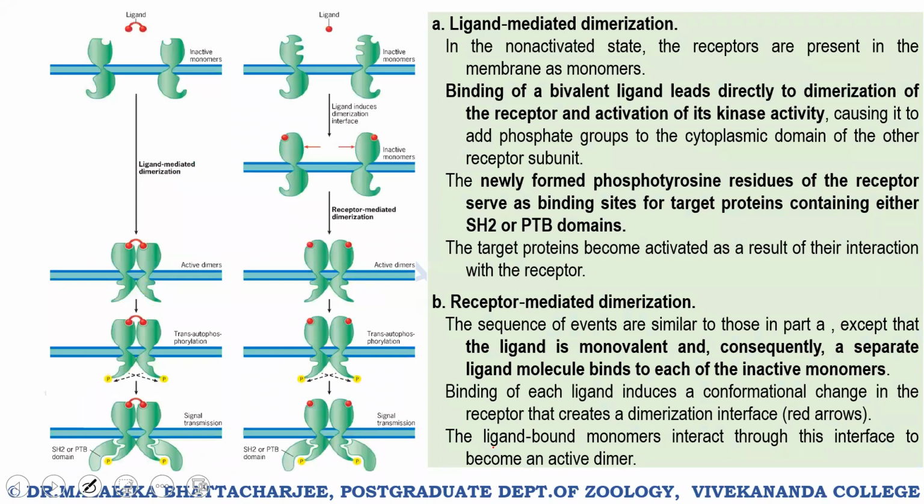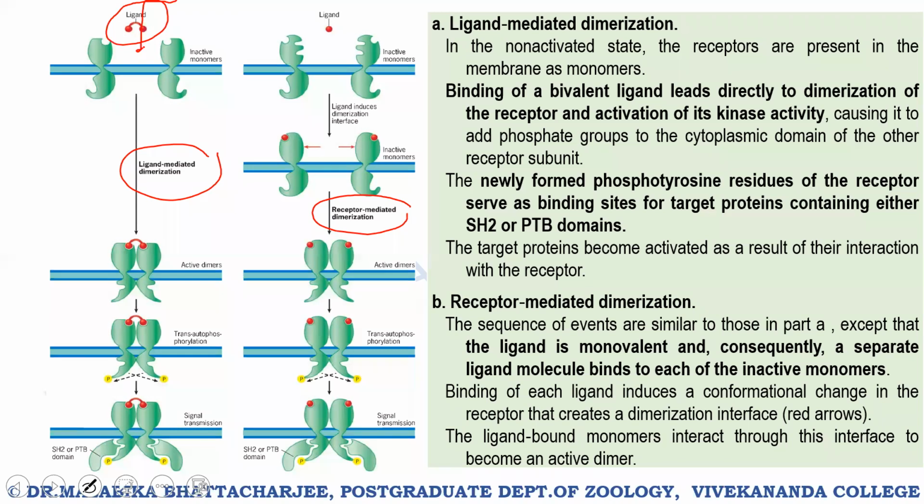Okay, so this is another beautiful picture showing you two basic mechanisms of activation of the receptor tyrosine kinases. One is ligand mediated dimerization, and the other is receptor mediated dimerization. In ligand mediated dimerization, the signaling molecule is moving towards the plasma membrane.